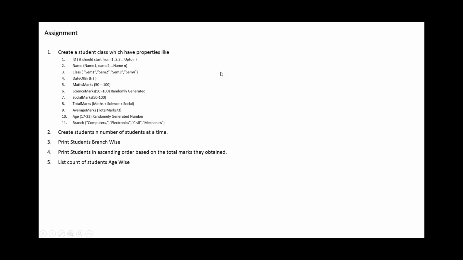So, I asked you guys to create a class with the name Student, and then add the properties id, name, class, date of birth, maths marks, science marks, social marks, total marks, average marks, and age, finally branch. Okay, so date of birth is not required in this.